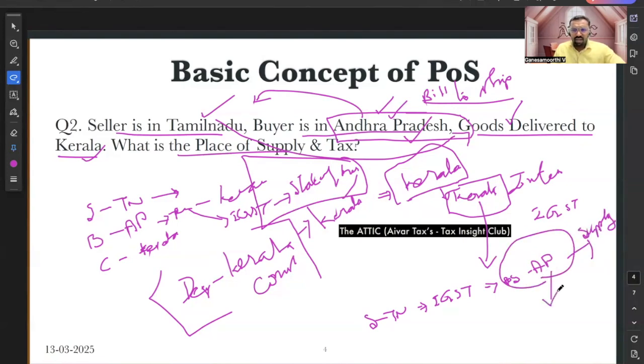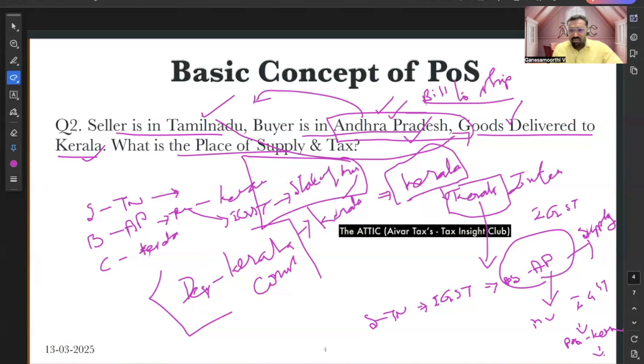Thereafter, the person in AP will raise an invoice to Kerala as IGST. He has to declare place of supply as Kerala. Then Kerala state will get the revenue. So this is the proper allocation. There is no other way. So based on this, place of supply provisions are formed in the GST law.